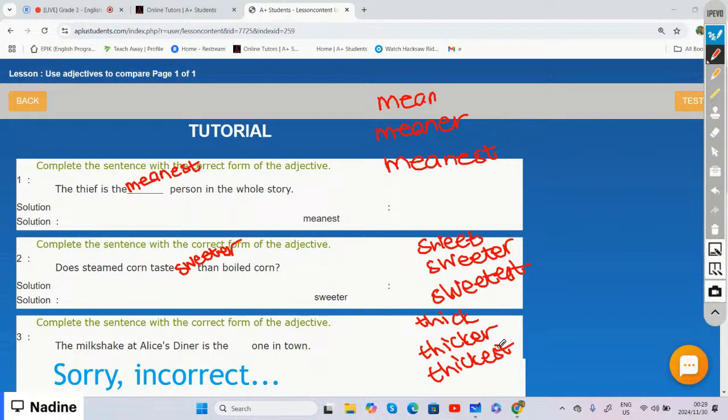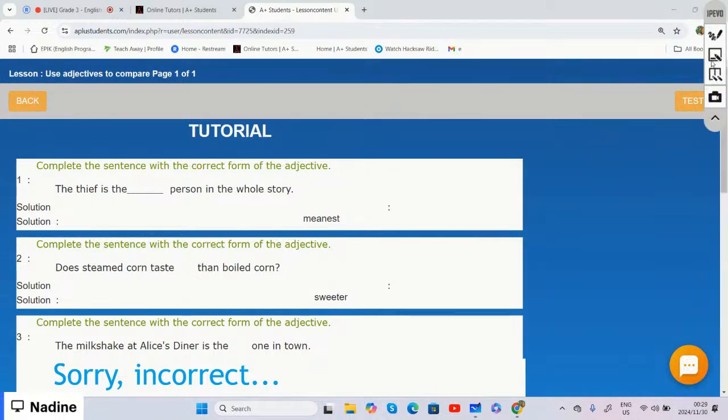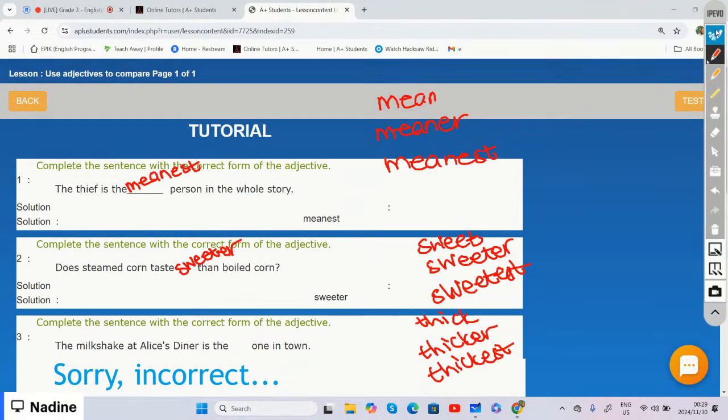Because remember, we are comparing it to the whole of town. And if we were to choose the correct answer, then we would say that the milkshake at Alice's Diner is the thickest one in town.